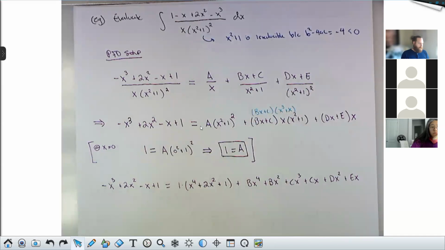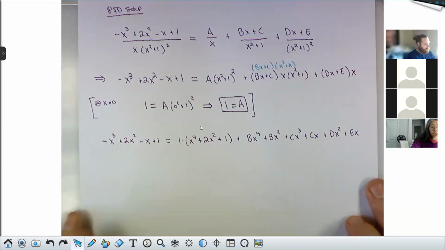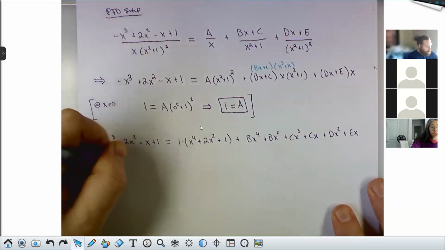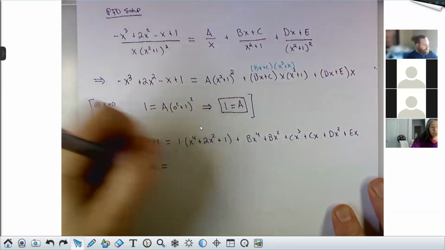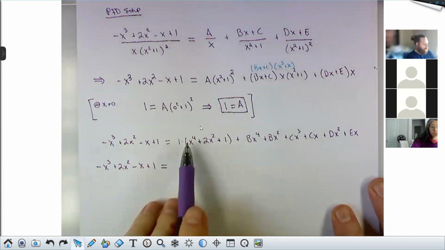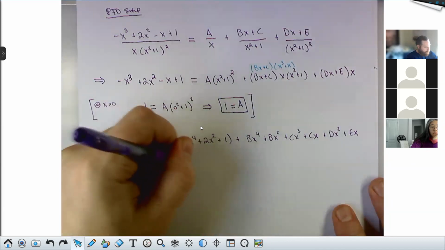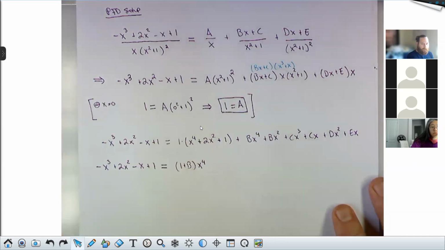Now we will combine all the like terms, meaning we're going to put together the different powers of x. Over here, I'll still have my left-hand side, negative x cubed plus 2x squared minus x plus 1. Over on the right-hand side, I have a 1x to the 4 and a bx to the 4. So it's 1 plus b times x to the 4. Now I go looking for x cubes.